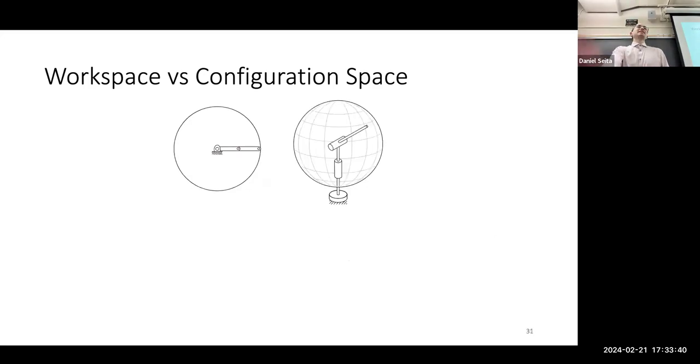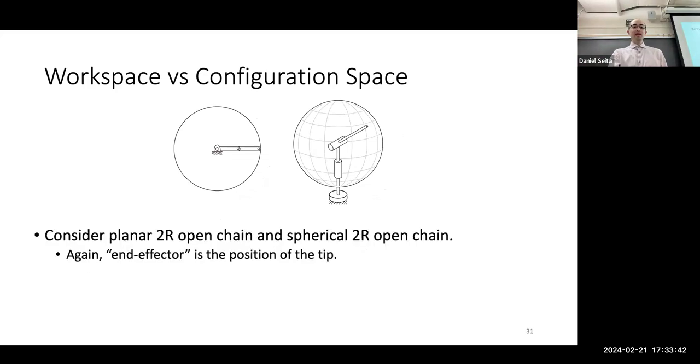So now let's talk about this example. Here we have our same planar 2R open chain, the same one from the last slide. But what we have here now is a spherical 2R open chain. The way to think about this is you still have two joints, but it's not planar anymore.